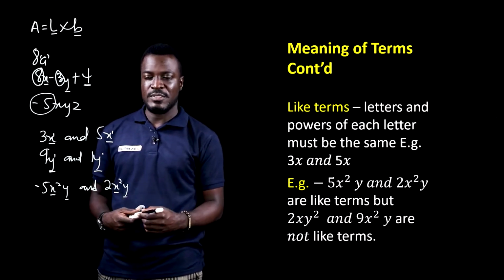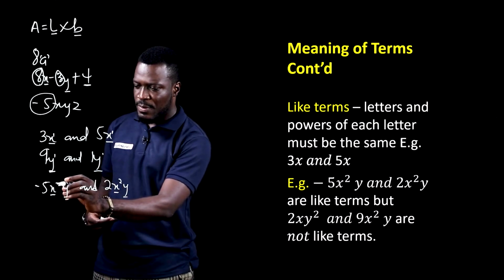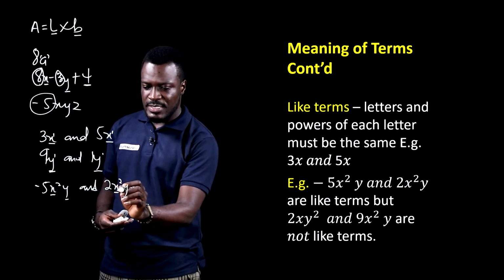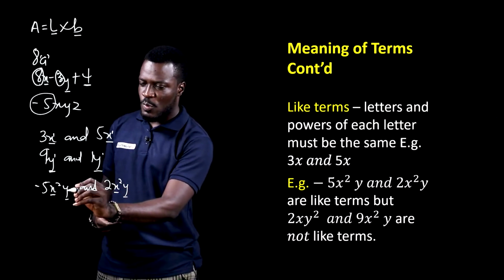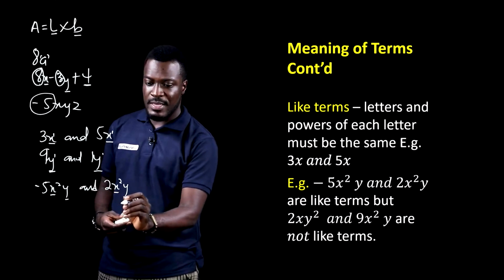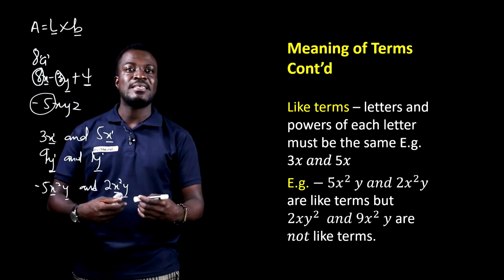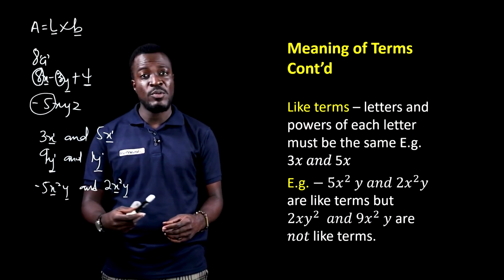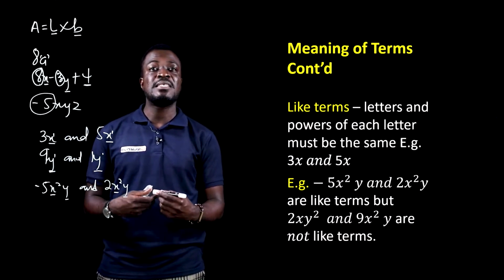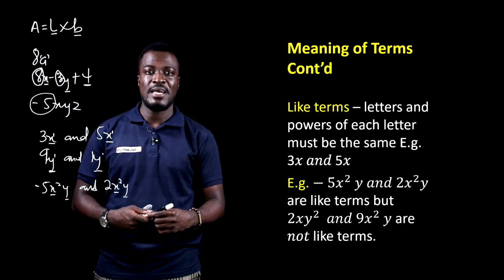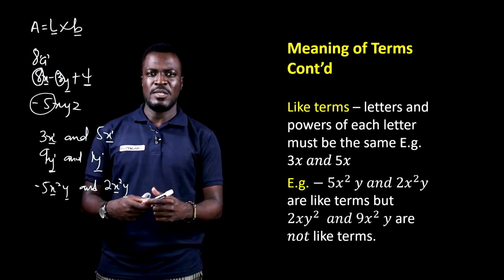Now let's check the powers. The x here has a power of 2, and this one has a power of 2. Y here has a power of 1, and y has a power of 1 here. Yes, so they are like terms. Since they have the same variables, and the variables also have the same powers, we say they are like terms.